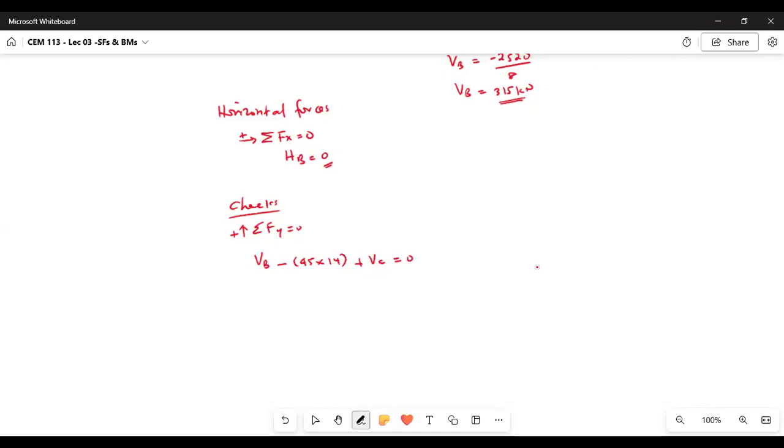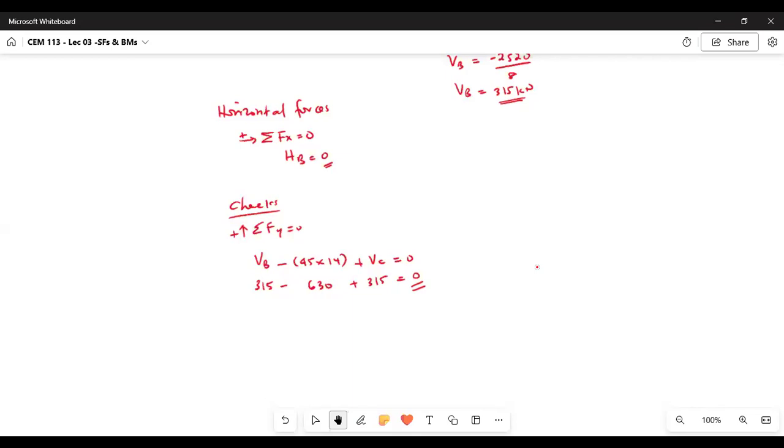This should give us 0. So this is 315 minus 630 plus 315. When we evaluate this, we'll get 0. So check. That's all.